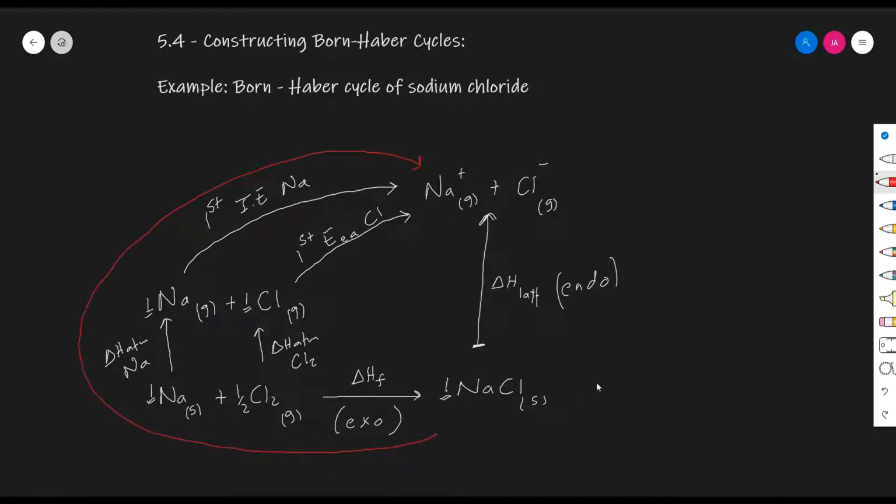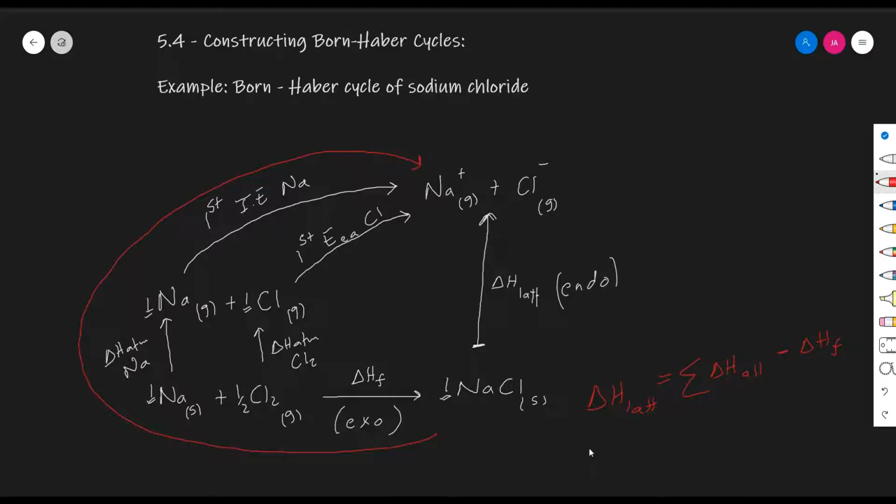Thus, the delta H lattice in this case would equal the sum of delta H all, meaning I would add all the enthalpy changes in this cycle and subtract the enthalpy change of formation from them, and I can calculate the delta H lattice from this cycle.